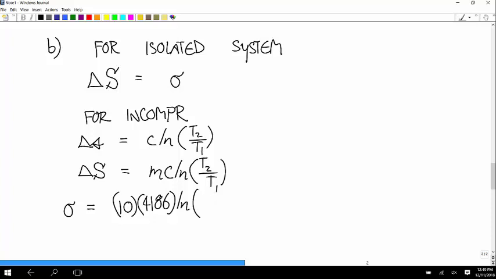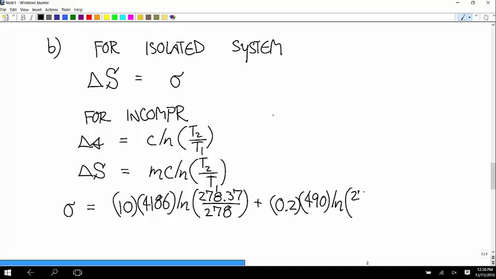So 278.37 over 278, plus the mass of the steel, 0.2, times the specific heat of the steel, which is 490, times the natural log of 278.37, that's the later temperature of the steel, divided by the earlier temperature of the steel, which is 273 plus 150, so 423.